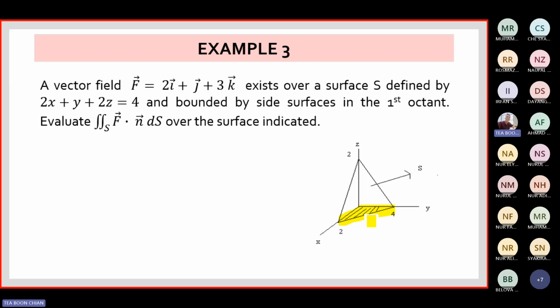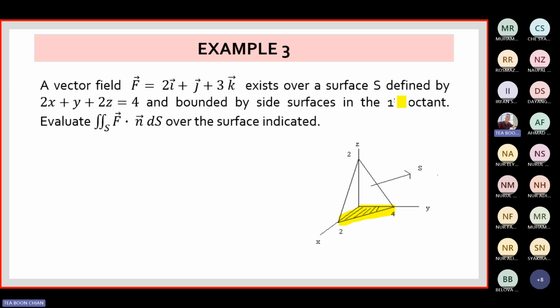If there is any diagram or figure given, please take note carefully. Is there any shaded region given? If there is, then you must evaluate the flux based on the shaded region given. Just to also let you know, a different shaded region gives you a different surface integral. That's why you must be very careful with it.